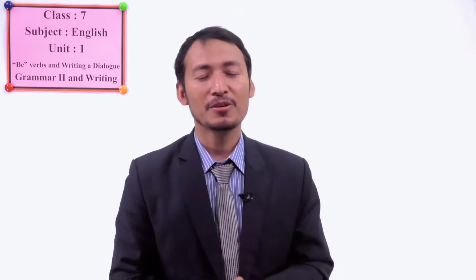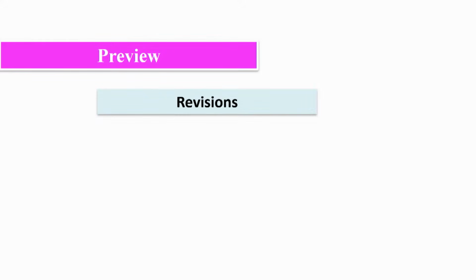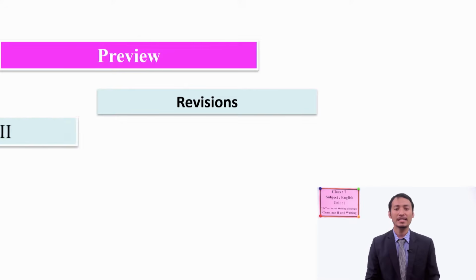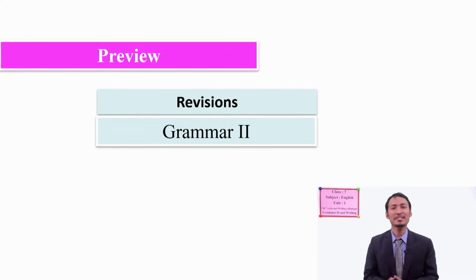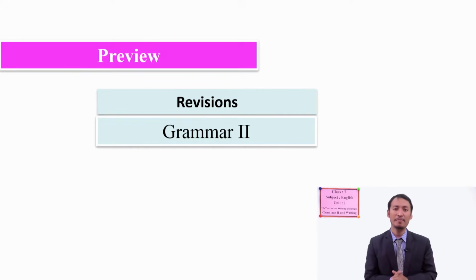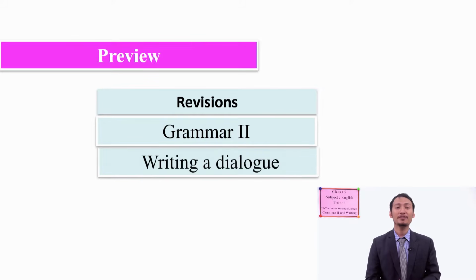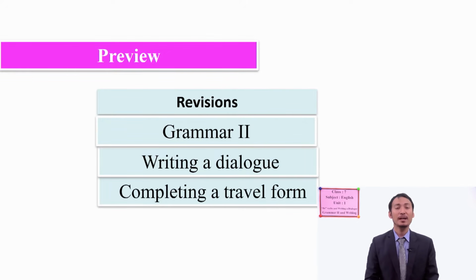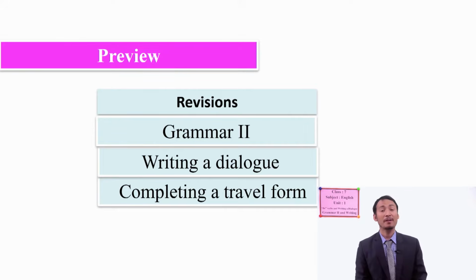We are going to do revisions first, as we have done previously, and we are going to do grammar second. In this second part we are going to do be verbs. Then we are going to write a dialogue and see some other writing exercises from the writing section, and we are also going to do a completion exercise from the writing section.